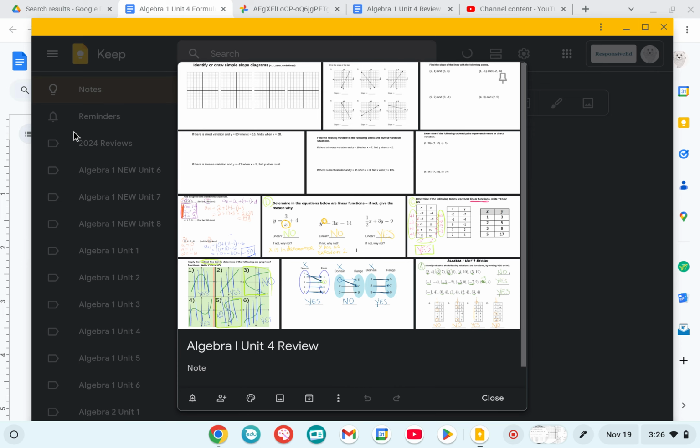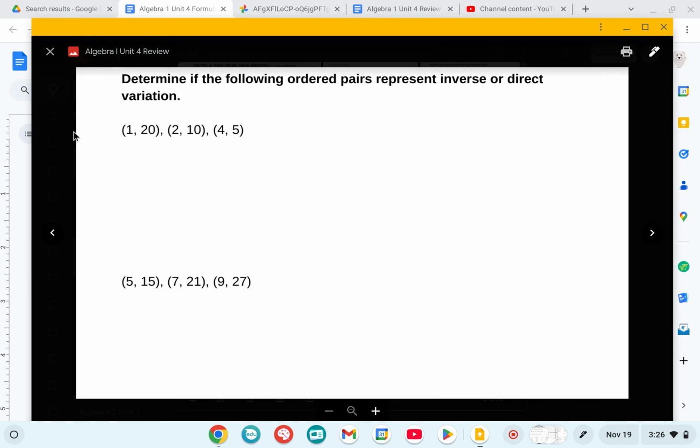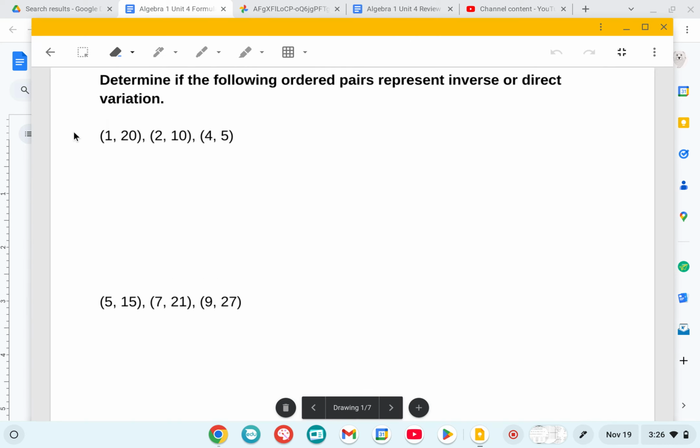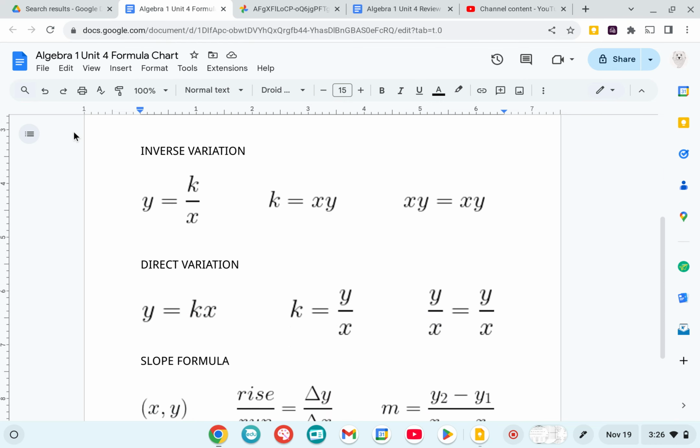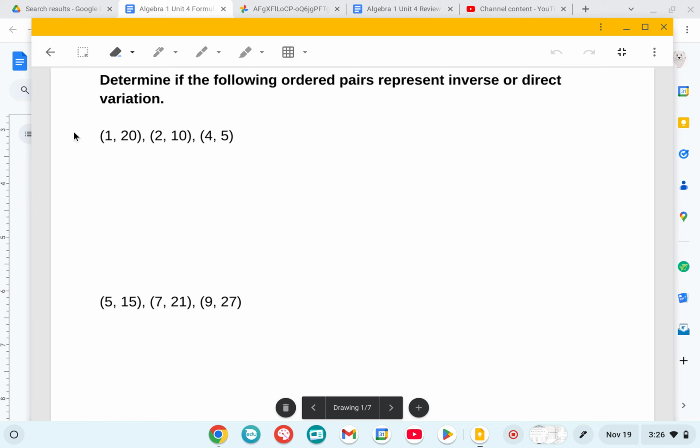The next one is going to deal with direct and inverse variation. Again, looking back at our formula chart, direct and inverse variation are the next two things on your formula chart. The ones we're going to use are going to be the ones on the rightmost edge most of the time, but we're also going to be using the middle one as well, because on this first set of problems, we want to know if they are inverse or direct variation.